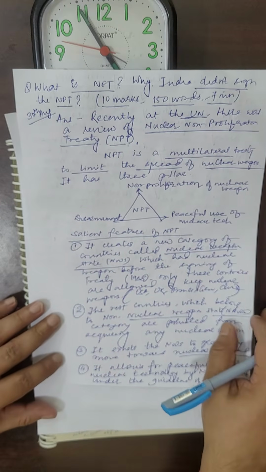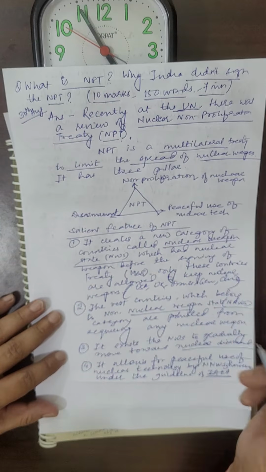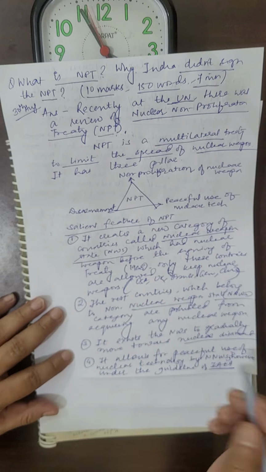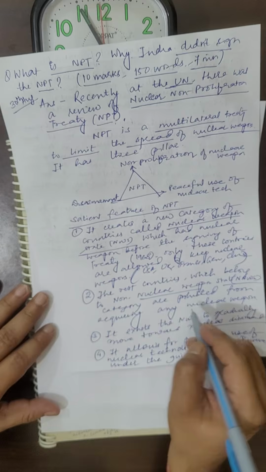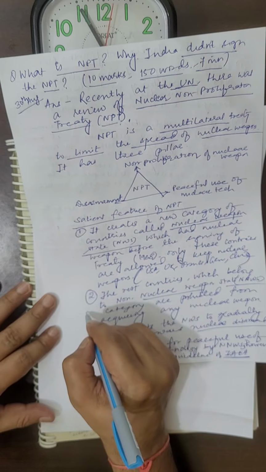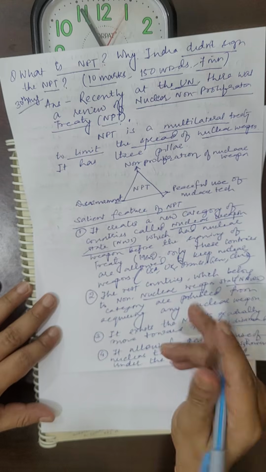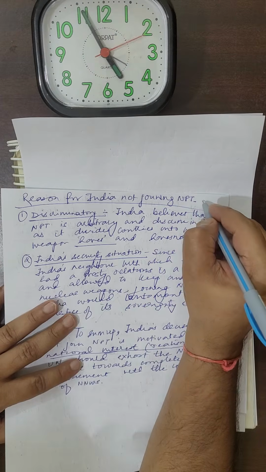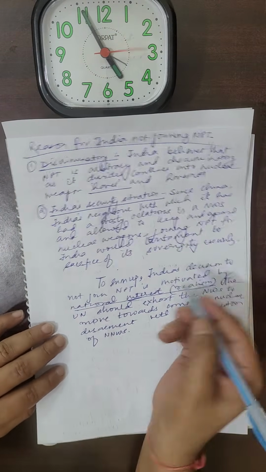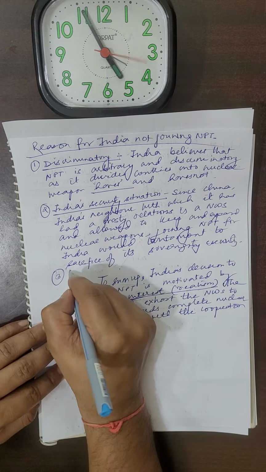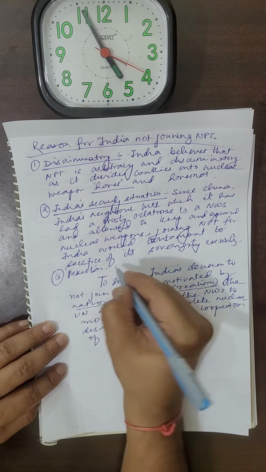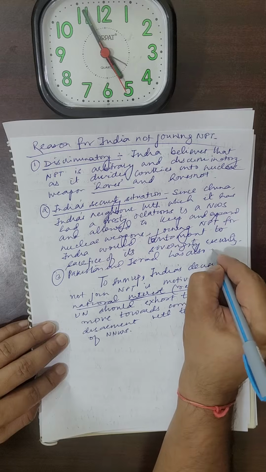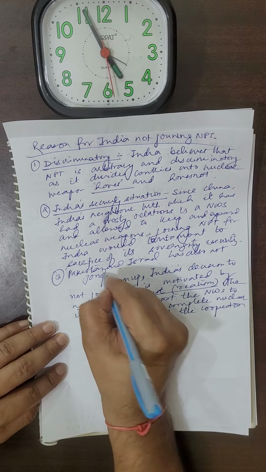And here you can write a few countries which have nuclear weapons but have not joined the NPT. Here, in the reasons for not joining NPT, other countries also have not joined. So the third point you can write is that Pakistan and Israel have also not joined NPT.